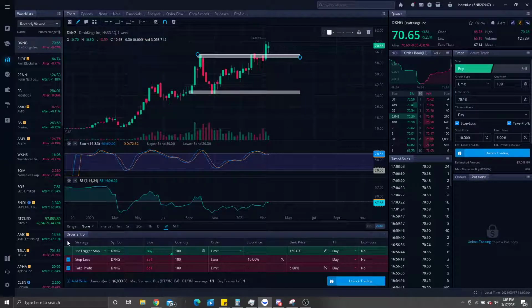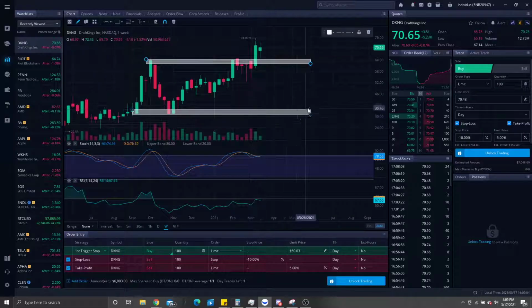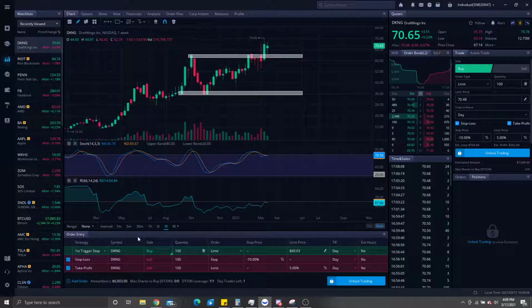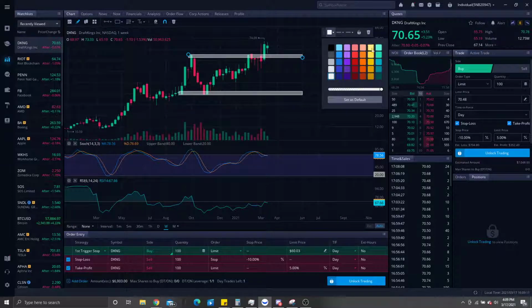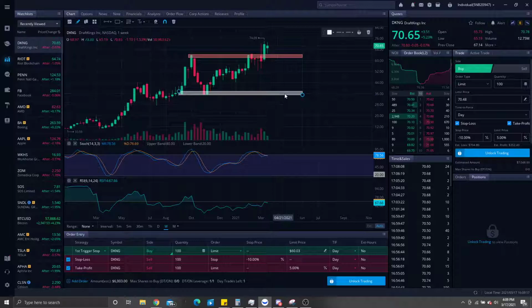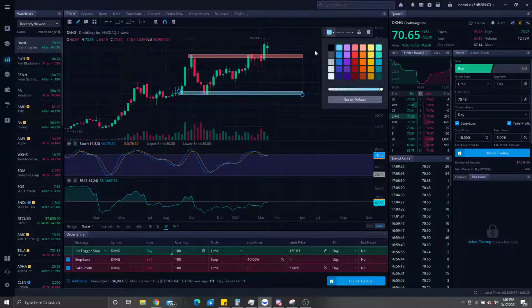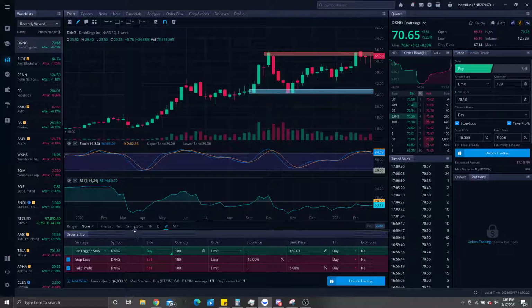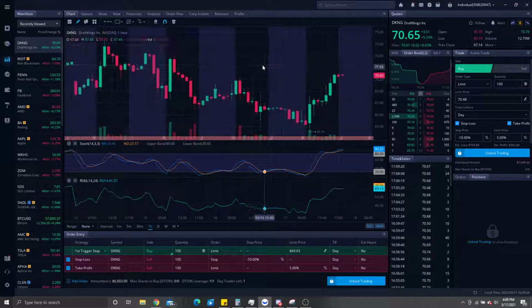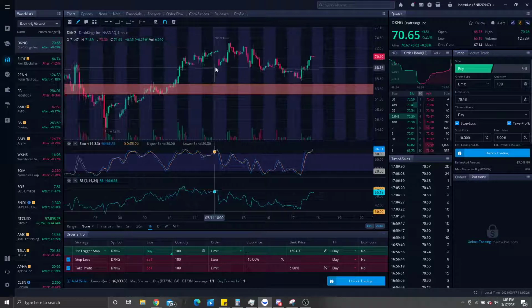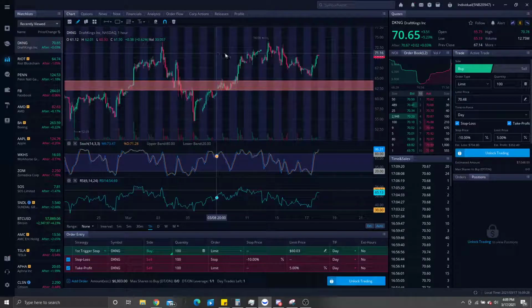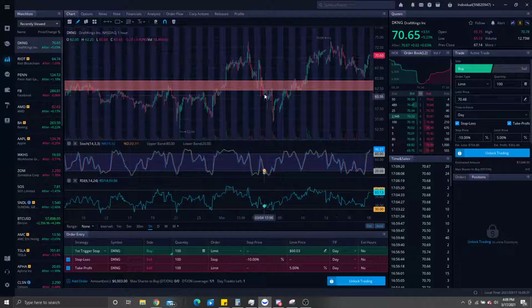This is actually a good example of our breakouts. I imagine when we move down to our 1 hour, that's going to look like a really, really pretty retest. Let's scroll out and see. Actually, it kind of does. This was a trade you could have taken today.